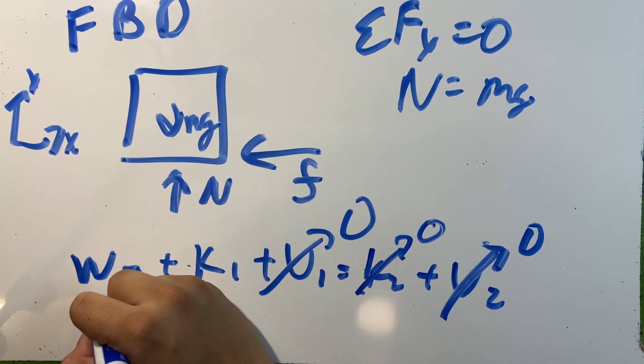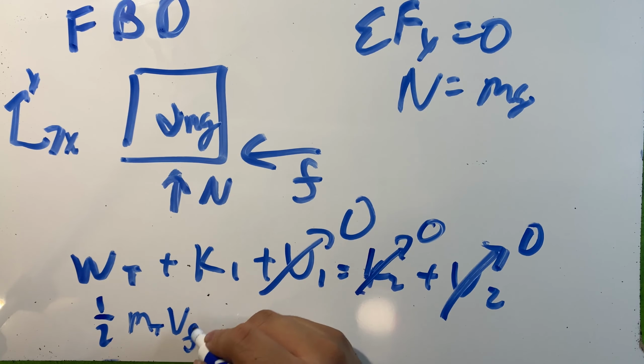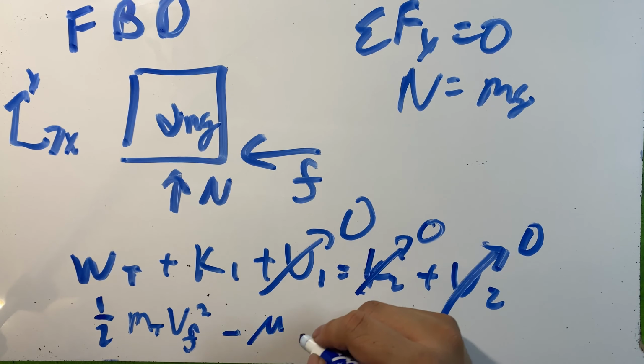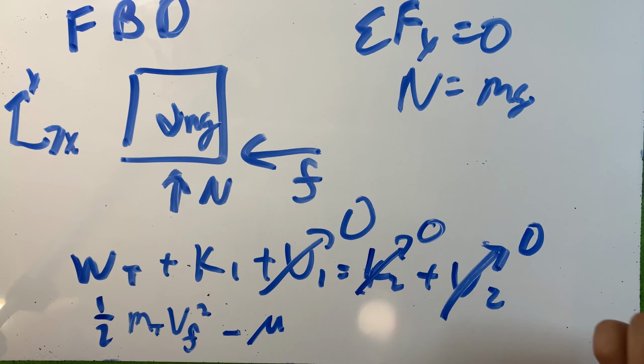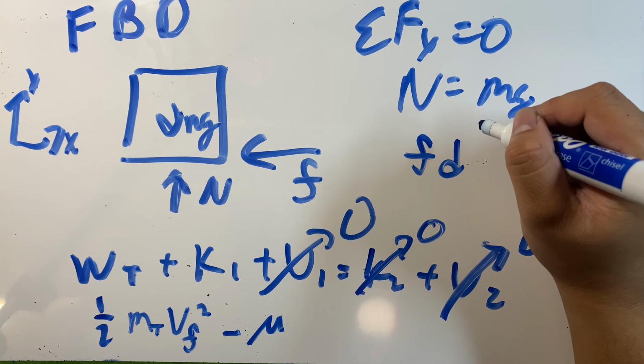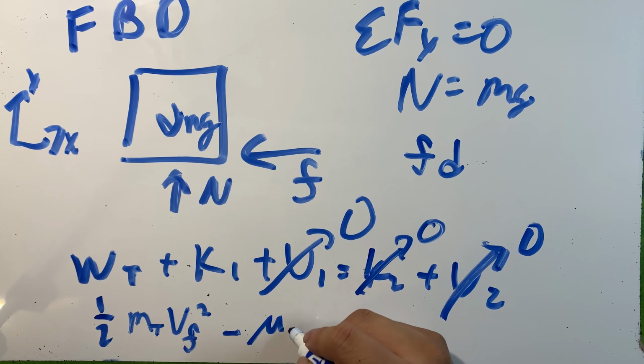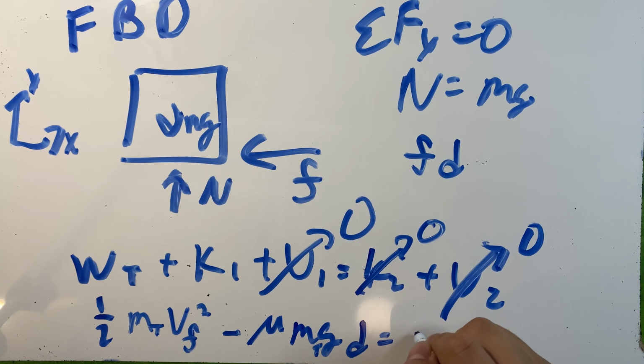We have here one half m total v final squared, minus the coefficient of static friction times n d. So the friction work is friction times d, but friction is mu n, which is just mg, so it's mu m total g times d, and that's equal to 0.